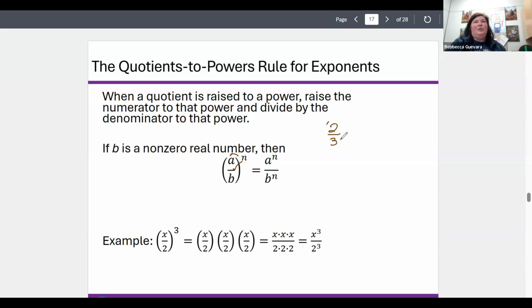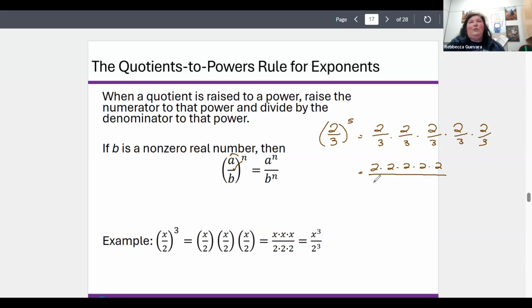So if I had 2/3 and I raised that to the power of 5, well, that is 2/3 times 2/3 times 2/3 times 2/3 times 2/3. So that's just 2 times 2 times 2 times 2 times 2 over 3 times 3 times 3 times 3 times 3, which is just 2 to the power of 5 over 3 to the power of 5.